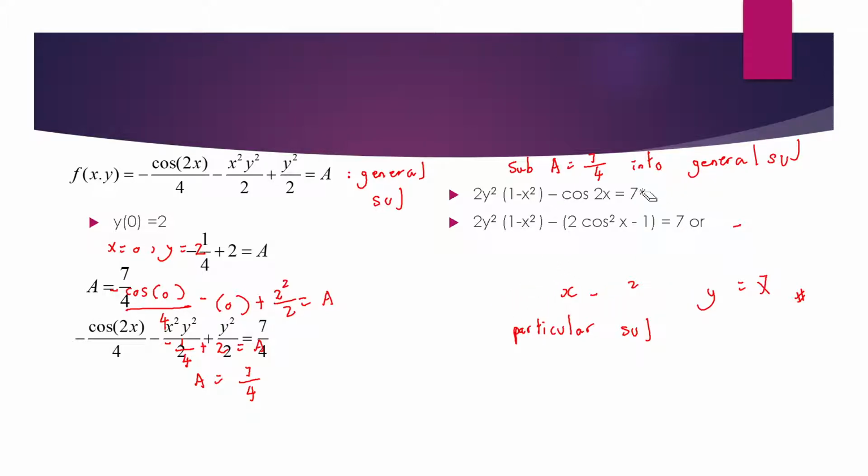Or you want to further substitute back cos 2x is 2 cos squared x minus 1. Simplify further, we'll get y squared, because here minus 2 cos squared.